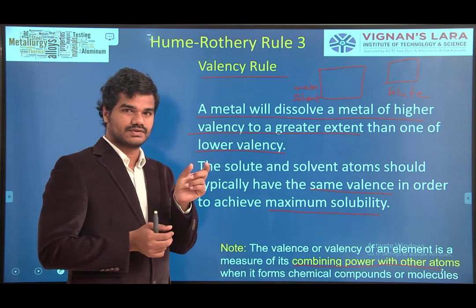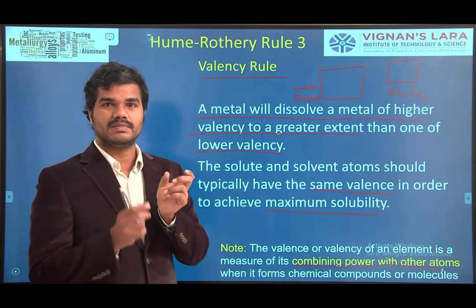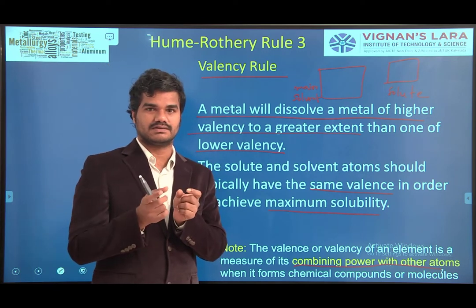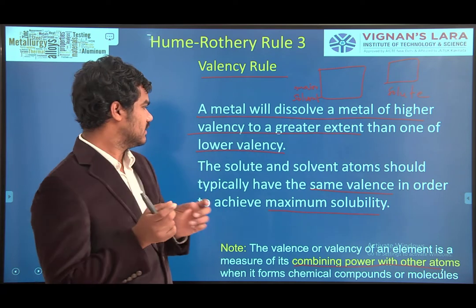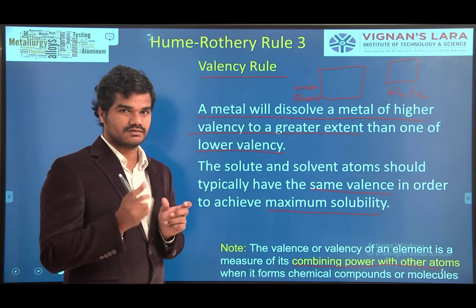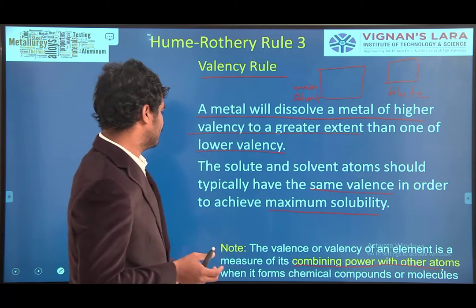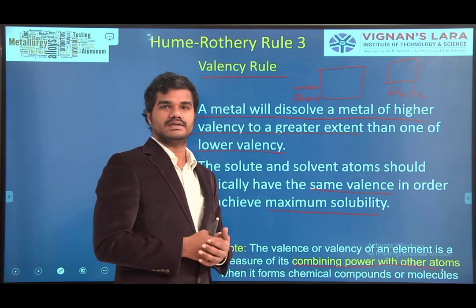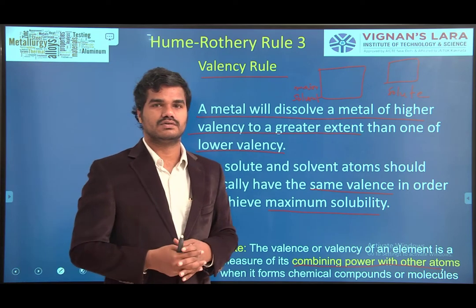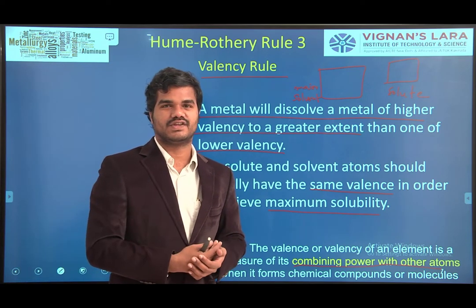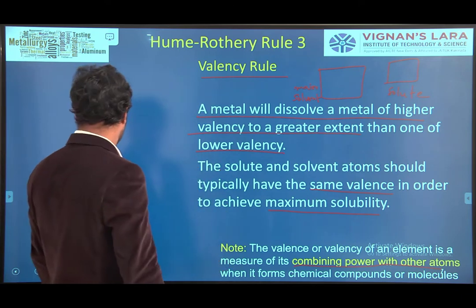A material atoms have some particular valency, B material atoms have a particular valency. So when A and B atoms have the same valency, those materials can combine and achieve maximum solubility. That is Hume-Rothery rule 3. Hope you understand.